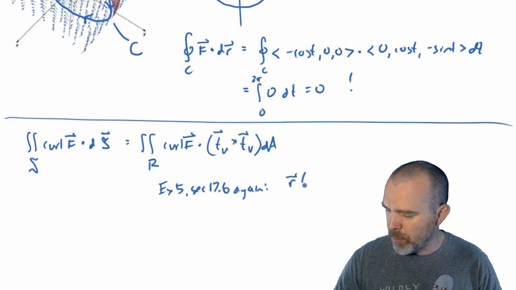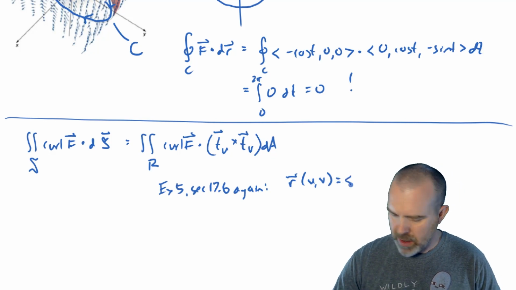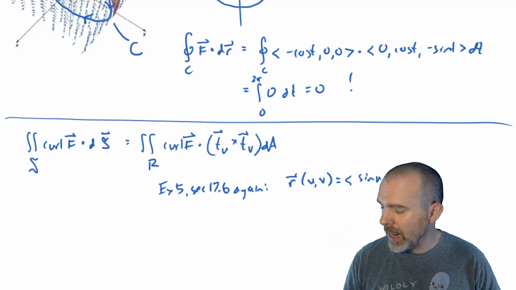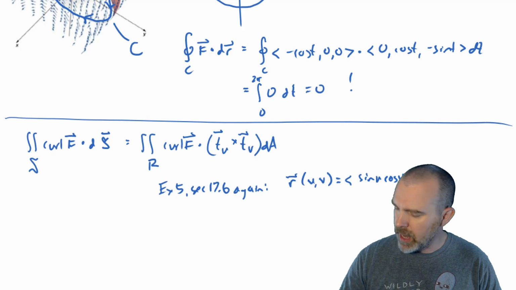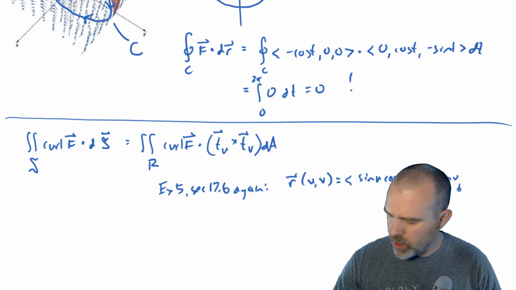We can use the parameterization: sine u cosine v. There's normally a radius in front of that, but our radius is 1. Sine u cosine v, and then sine u sine v, and then cosine u.